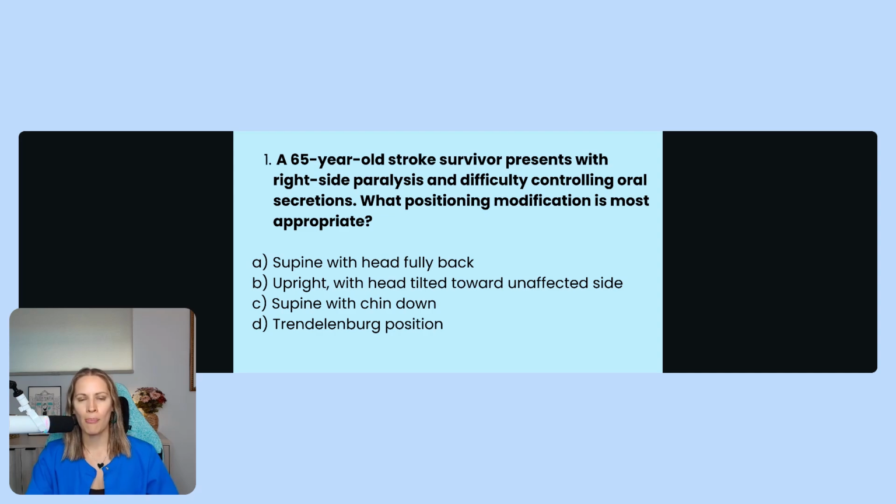So that means possibly her saliva. She's having a hard time controlling her saliva, where there might be too much. She might be having a hard time swallowing, and perhaps you can't be suctioning every 2 seconds. But what might make her more comfortable? How should you position this patient to help her out? So let's go through the answer now.